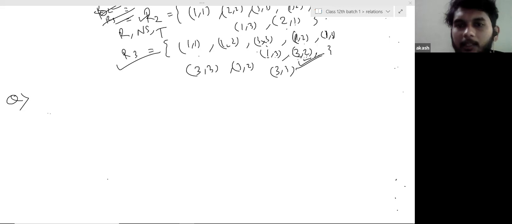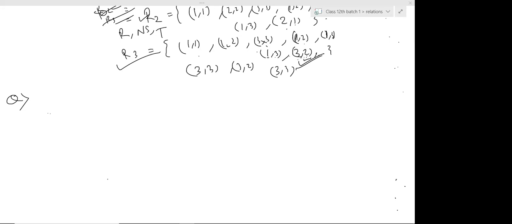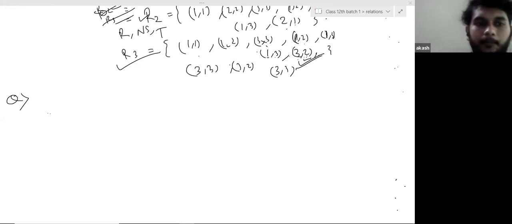If they ask you about an equivalence relation, in most cases they will tell you that this relation is an equivalence relation, and then ask a few questions about it, or ask you to show that it is an equivalence relation. Whenever you get such a question, it means the relation is already reflexive, symmetric, and transitive. You just have to figure out how to write the answer.